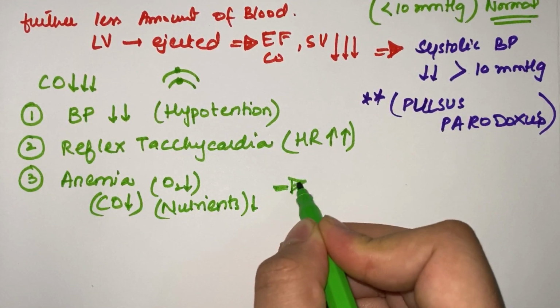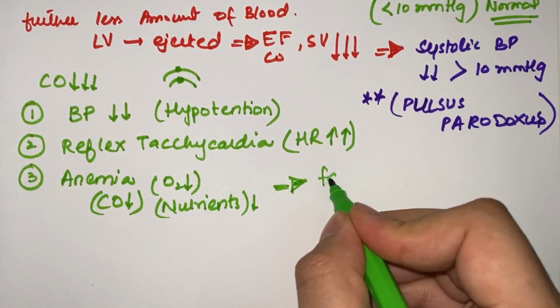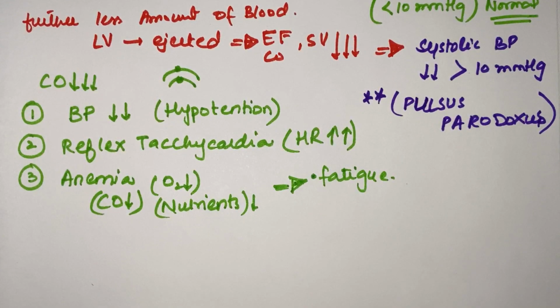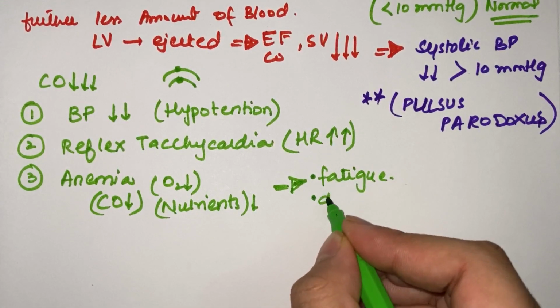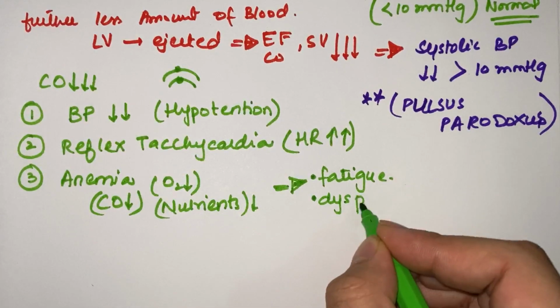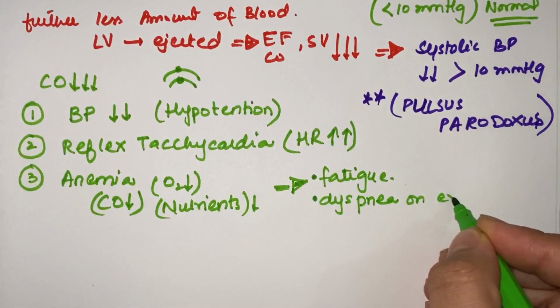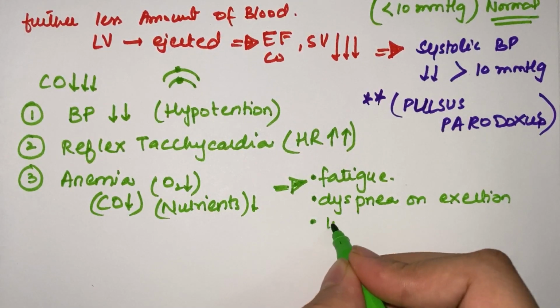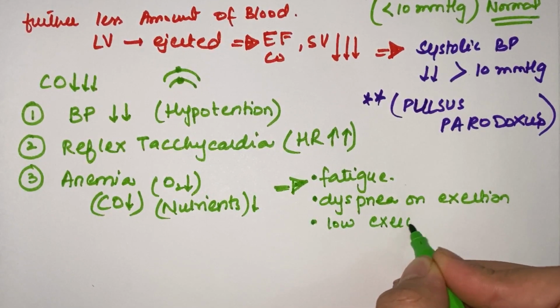So what will be the signs and symptoms? The patient will feel fatigue. Why fatigue? Because he is receiving less oxygen, less nutrients and is forming less energy, so he will become lethargic, he is fatigued. Secondly, since there is less oxygen, there will be dyspnea on exertion. Third, the patient can't exercise a lot, so there will be low exercise tolerance.